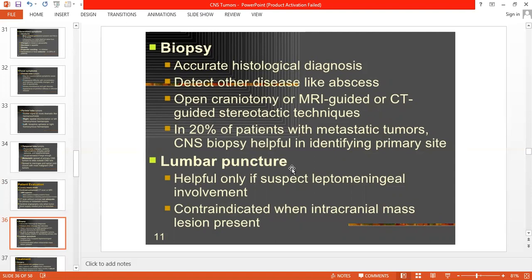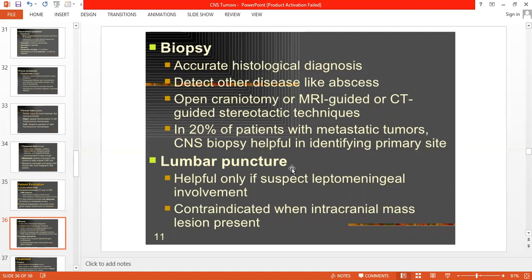Sometimes you don't know where the primary tumor lies. Like in case of metastasis, you have to screen the whole body, especially the chest, the breast, the lung, the prostate, the bone, the colon. Lumbar puncture.